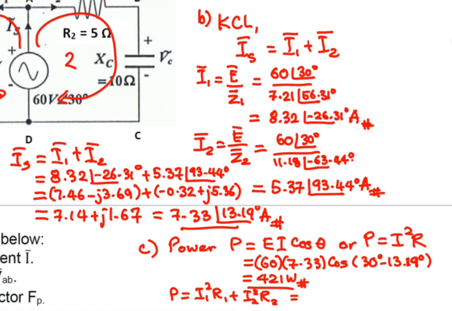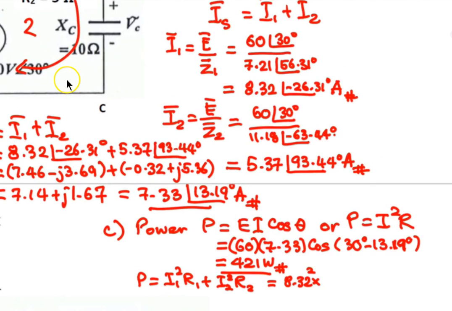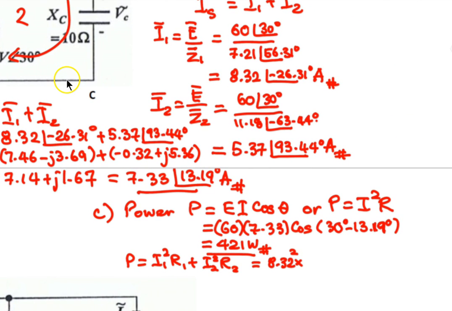So I have I1, which is 8.32 squared, multiplied by R1, which we have earlier as 4 ohms, plus I2, 5.37 squared, times 5 ohms.